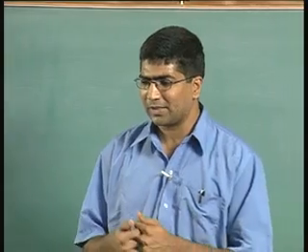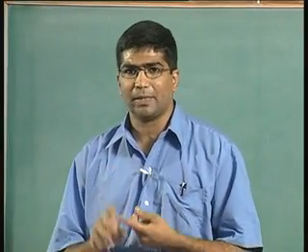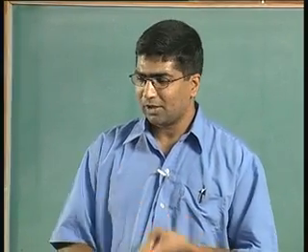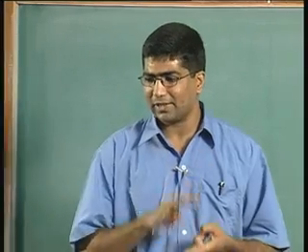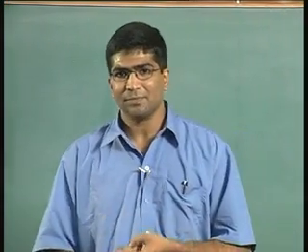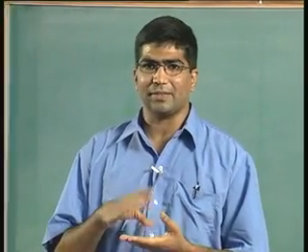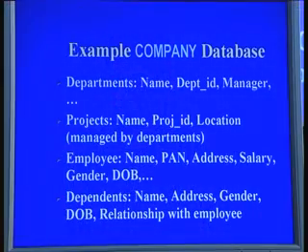So an employee has a name, an employee has a PAN number, if he is paying income taxes regularly, he has an address, he has a salary, he or she has a gender and date of birth and so on, right. So all of these attributes define what is an entity type and what are the characteristics of that entity type. Okay.